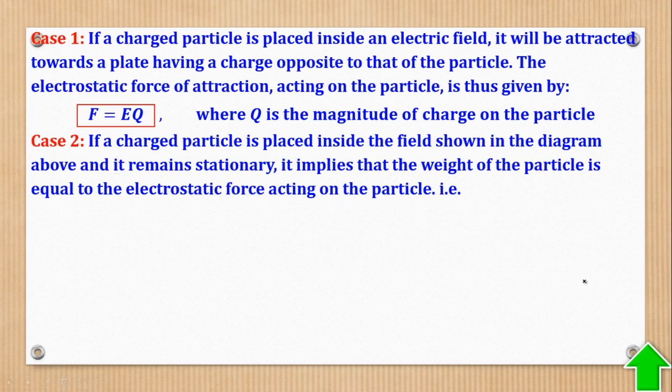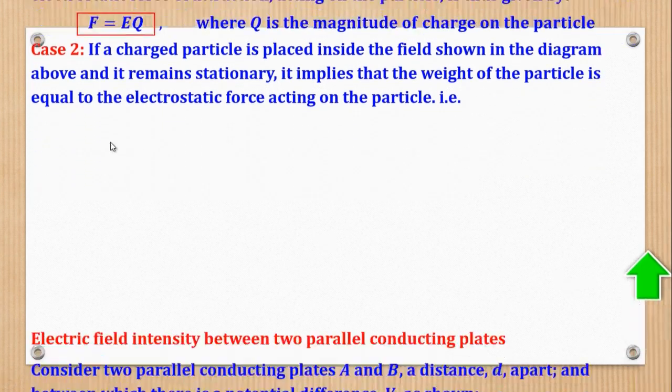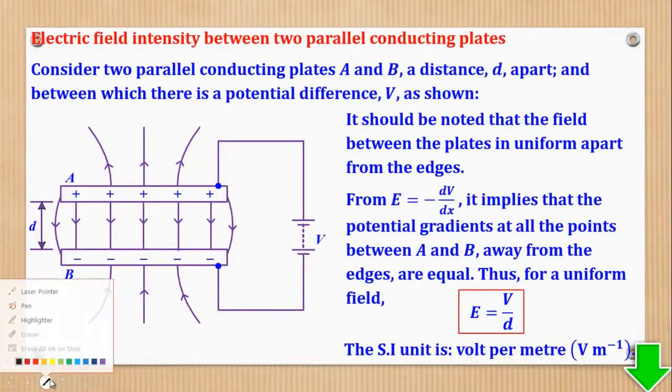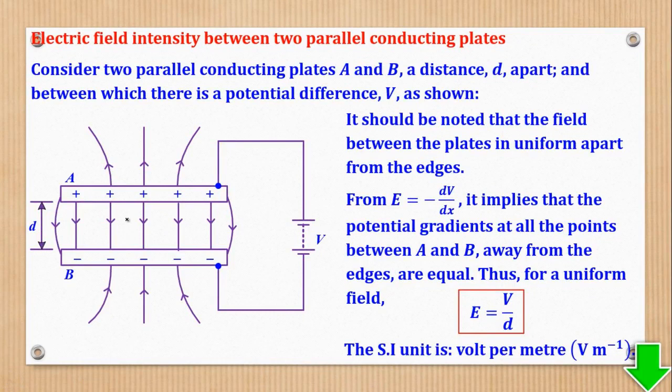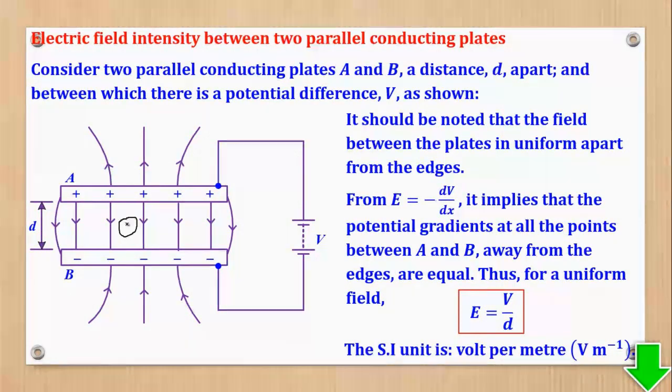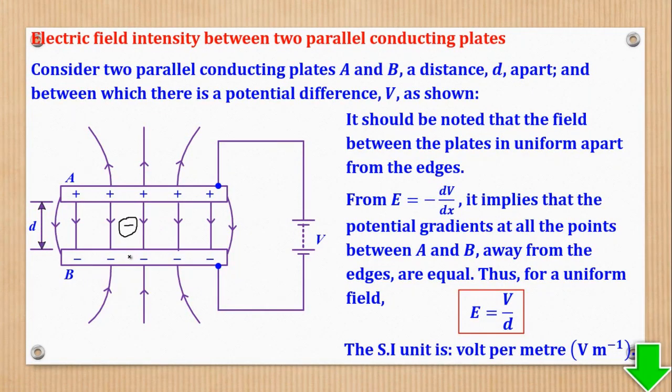So for example, here in the diagram, for the particle to remain stationary, it should be negatively charged, such that it is repelled from the bottom. Therefore, here the electrostatic force will be in this direction towards the positive plate, and there will also be a weight. Weight always acts vertically downwards. So for it to remain stationary, it implies that this force is equal to this weight, which is mg.